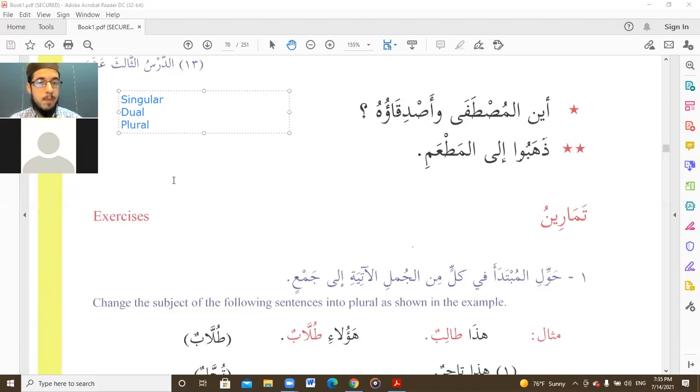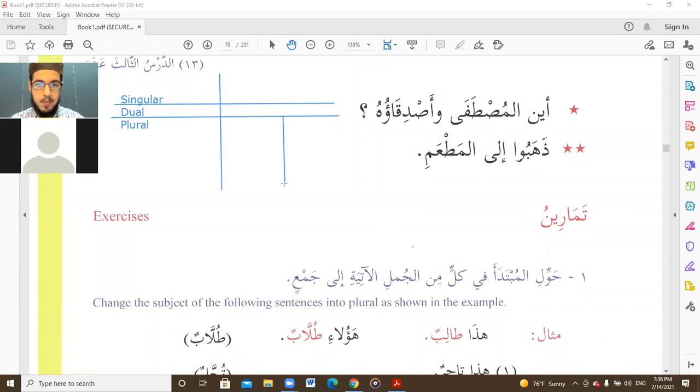Now, with plural, there were different types of plural. The two broad categories of plural were sound plurals and broken plurals. Okay?